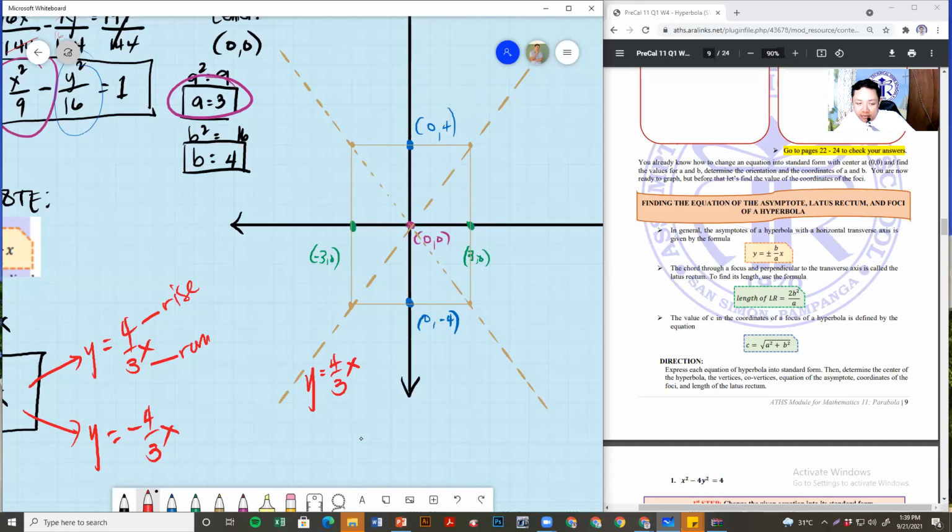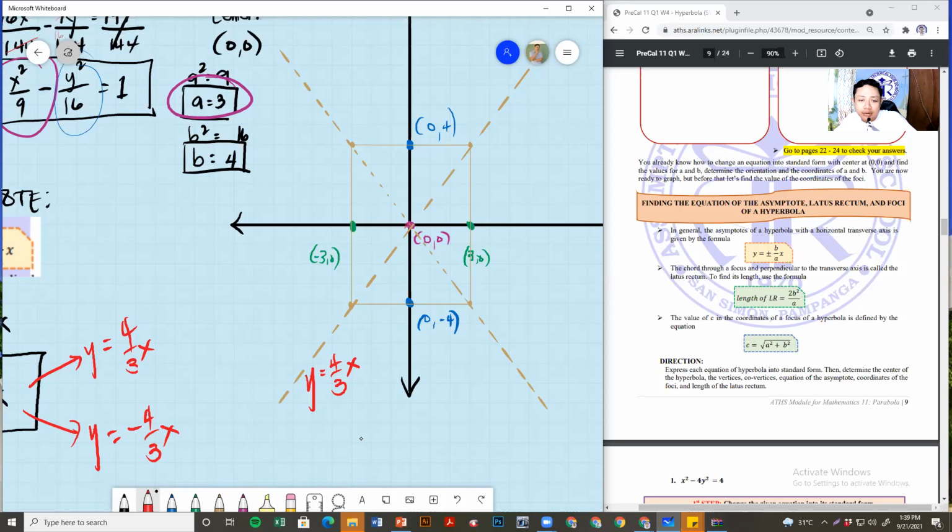It's negative 4 over 3. So negative 4 from here. Let's try the center going to this point. From this point going to that point. Ready? Let's count. Negative 4, rise. So therefore, if it's negative, it's going down.